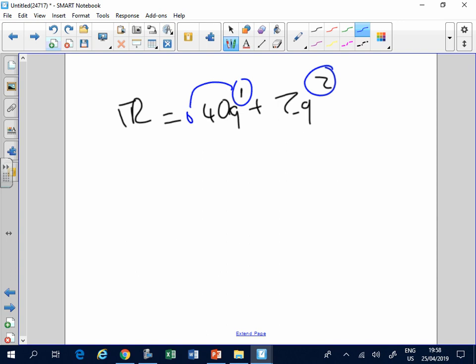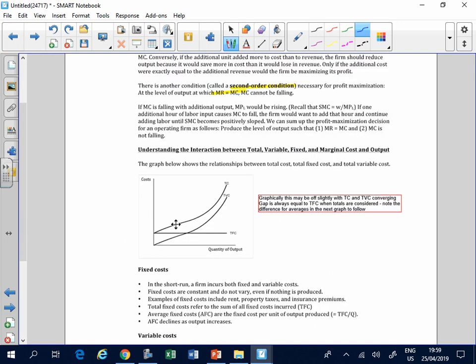We take that number down into the front, we minus 1 from the exponent, and we drop off the end term. That's what we mean when we take the first derivative, when we differentiate. That's why marginal revenue is the first derivative, a second order effect. Now, just keep this in mind and trust me that profit is maximized where marginal revenue equals marginal cost.